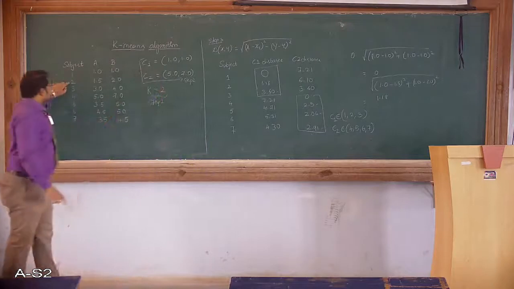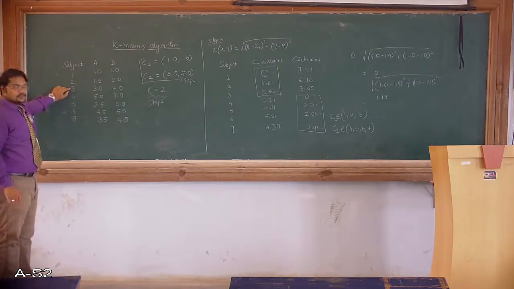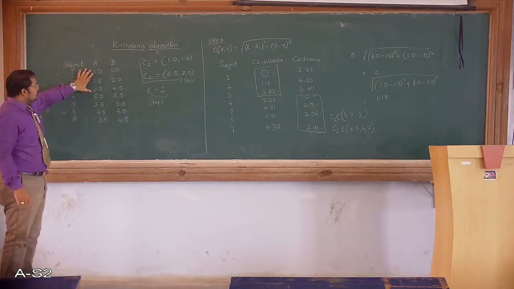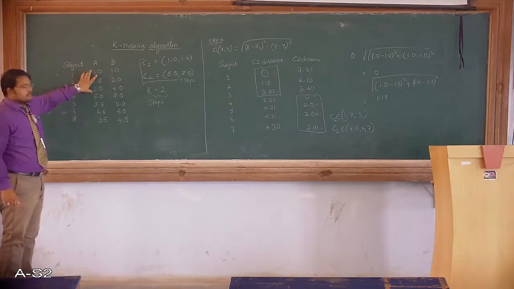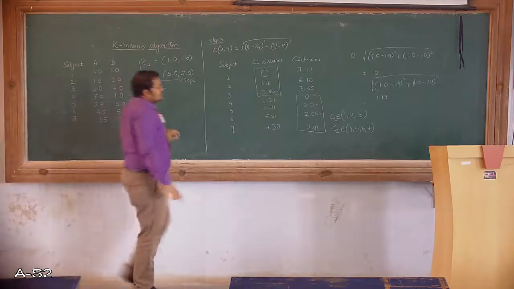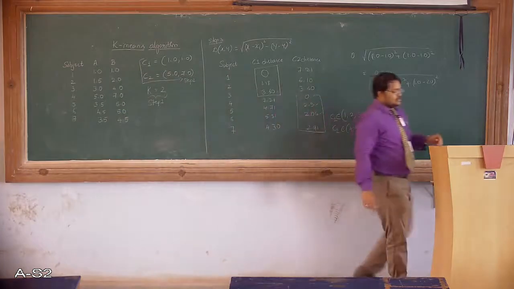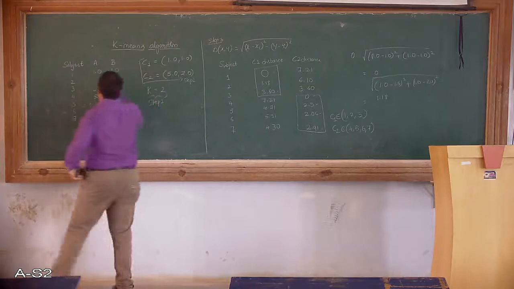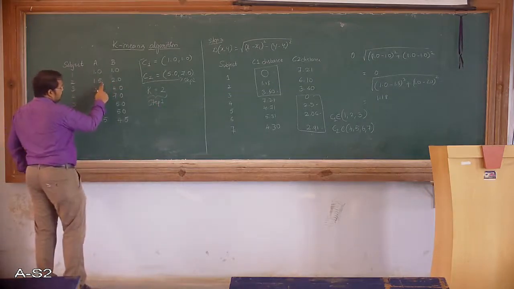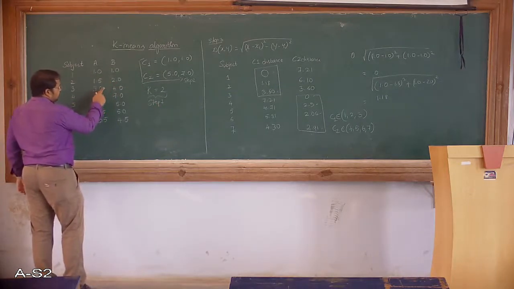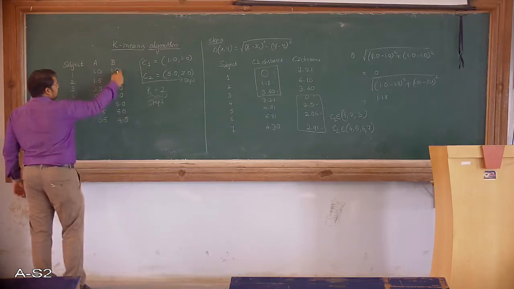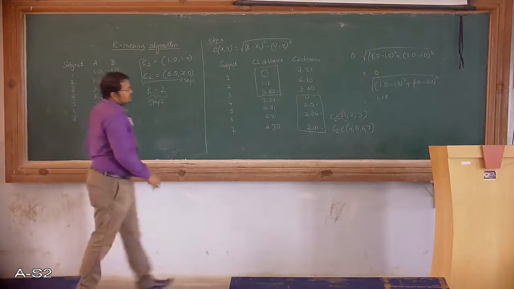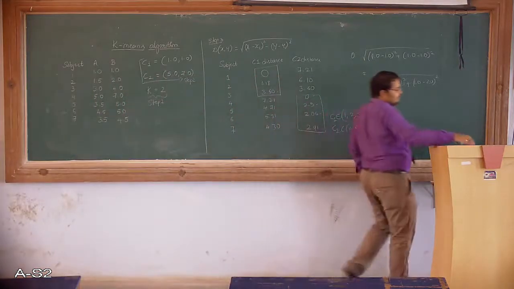We are going to take these three values and compute the average. So how is that done? 1.0 plus 1.5 plus 3.0 whole divided by 3, and 1.0, 2.0, 4.0 whole divided by 3. That is how we calculate the average.